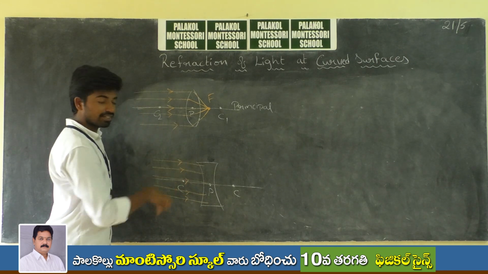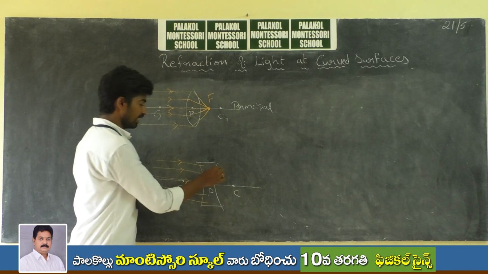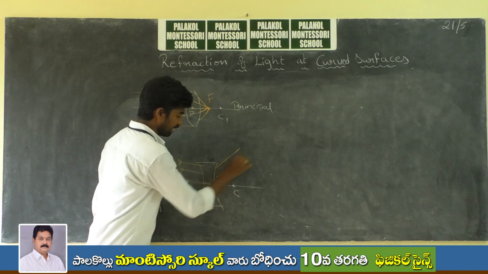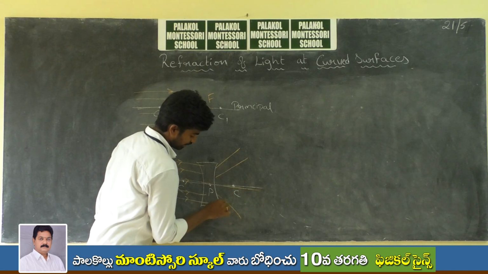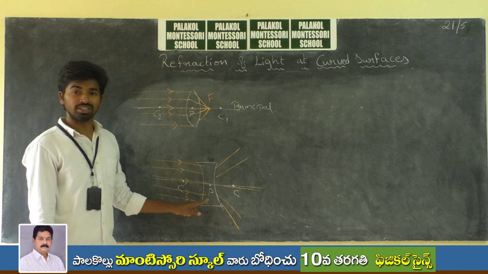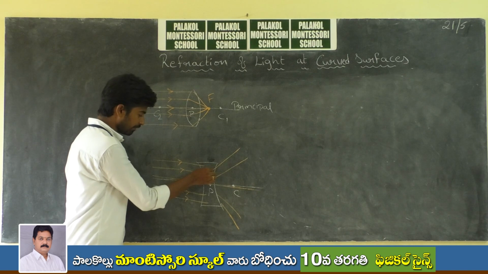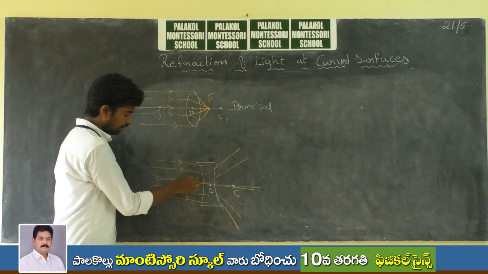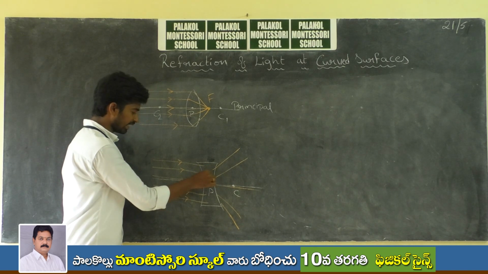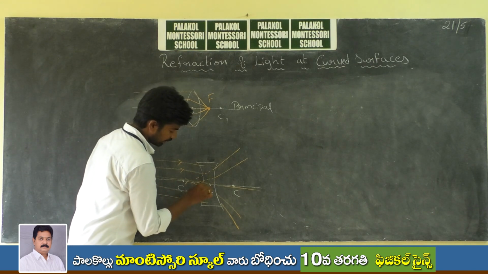When these light rays are incident on the lens, they will be diverged by the concave lens, and these diverged light rays seem to be coming from a point called the focus point in the case of a concave lens.